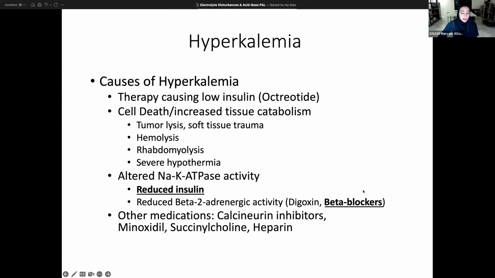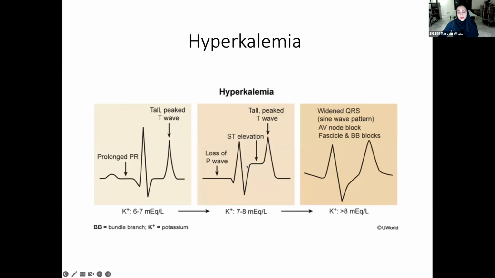If the patient is on any of these, or on beta blockers, digoxin, or is, let's say, in DKA or is type 1 diabetic, this can cause hyperkalemia. All right. And then you have other medications, succinylcholine, heparin, less specific, but this is important because it ties into the pathophysiology, because you have decreased activity of the sodium potassium ATPase, remember? So 3 sodium out, 2 potassium in.